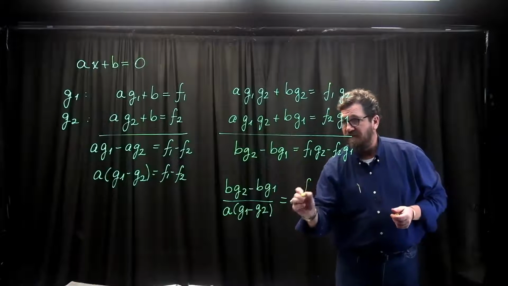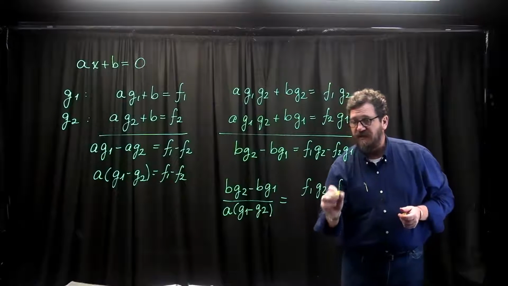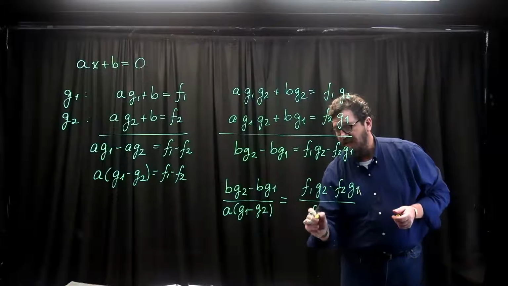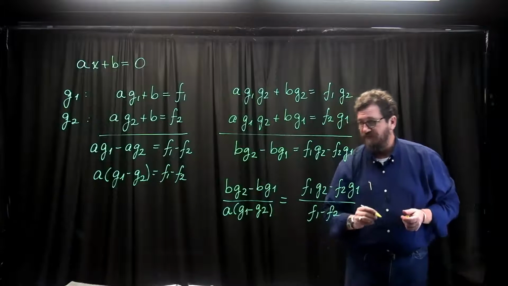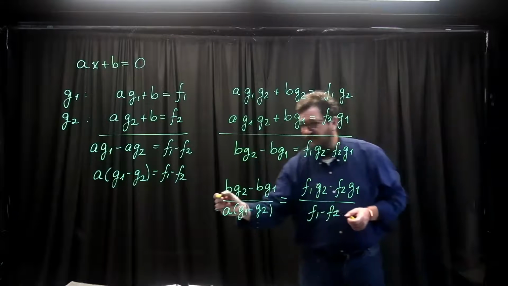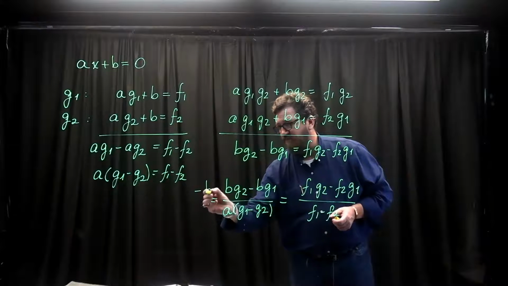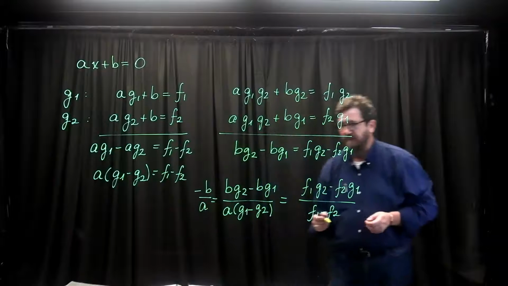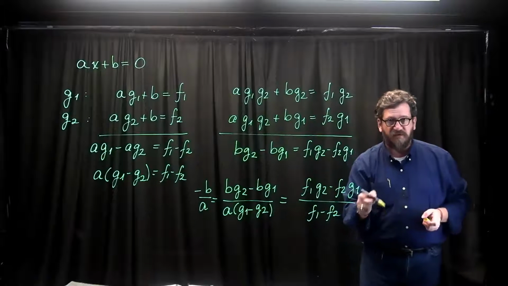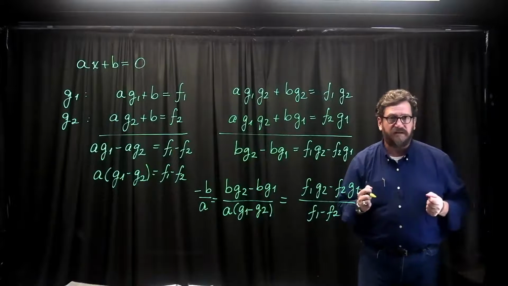And we're going to have f1g2 minus f2g1 divided by f1 minus f2. I can factor the b out over here, and this would simplify to give me the opposite of b over a. So the opposite of b over a is equal to this over here, and you're thinking, okay, so what?